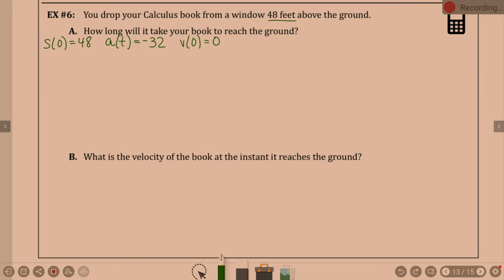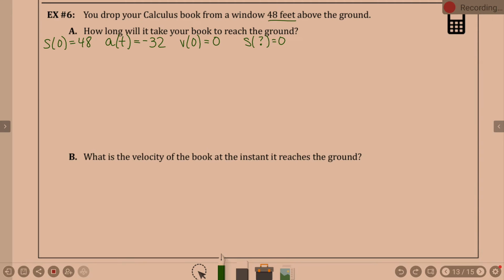Time, eventually the time when the book reaches the ground. So eventually we're looking for S of t equals 0.